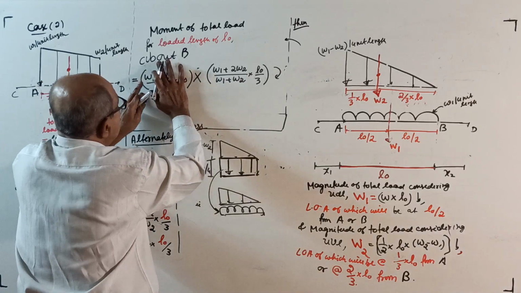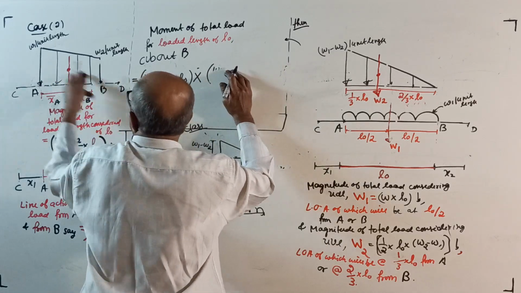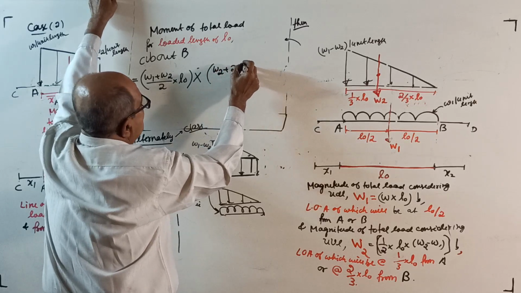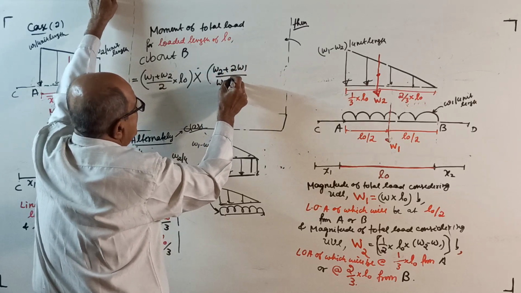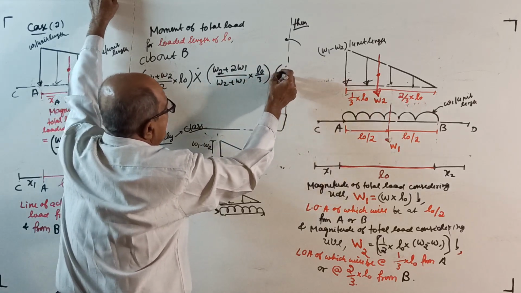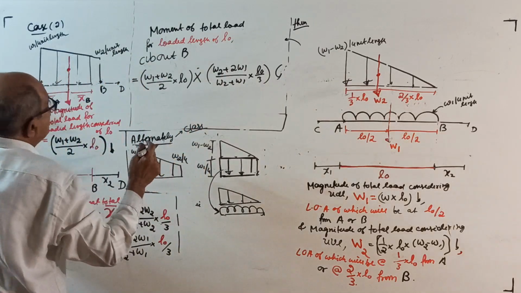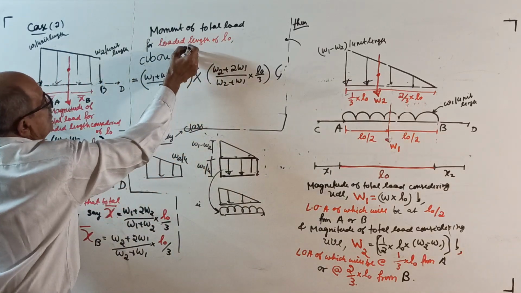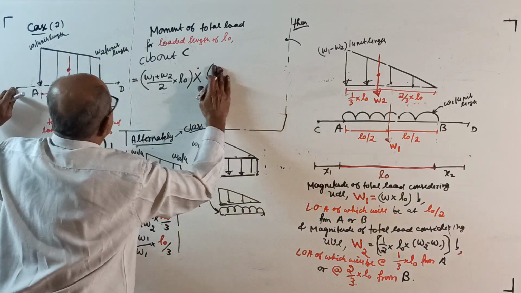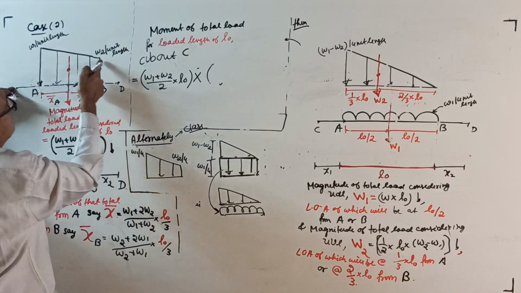About B, same load into, from here, W2 plus twice W1 divided by W2 plus W1 into L0 by 3, anti-clockwise. Moment about C: total load into W1 plus 2W2.